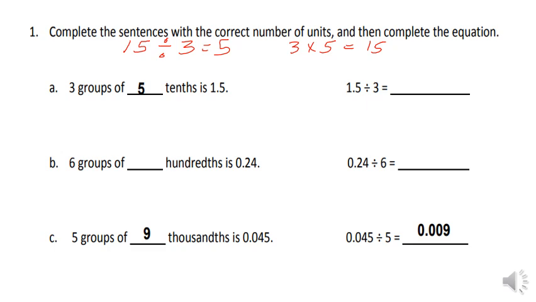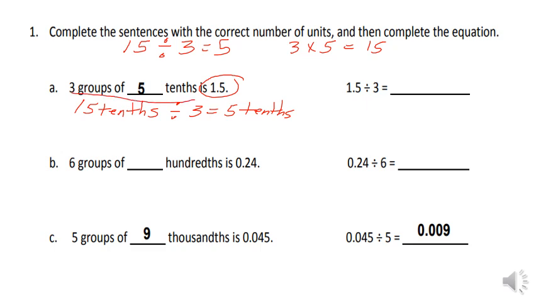And that's the same thing we're going to use on these ones down below. But we're going to use unit form in order to help us. So here it's saying 3 groups of 5 tenths equals 1 and 5 tenths. So if I was to do the inverse operation on this, I would reword this as 15 tenths divided by 3 equals 5 tenths.